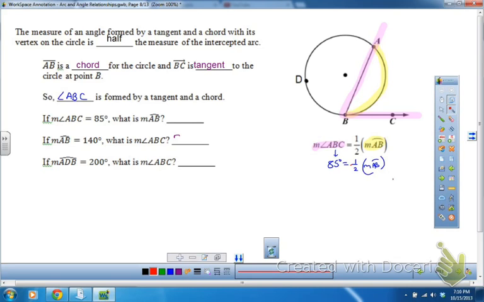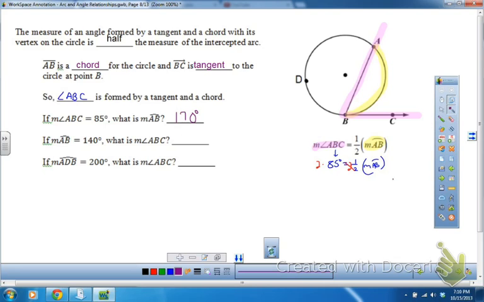So if you multiply times 2 right here and 2 right here, 2 times 1/2 makes that 1. So then you just do 2 times 85. So basically you're going to double the degrees of the angle to get the measure of that intercepted arc. And that would give us 170 degrees for the measure of the intercepted arc.